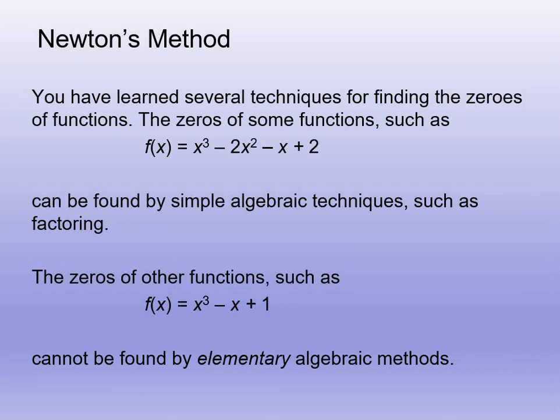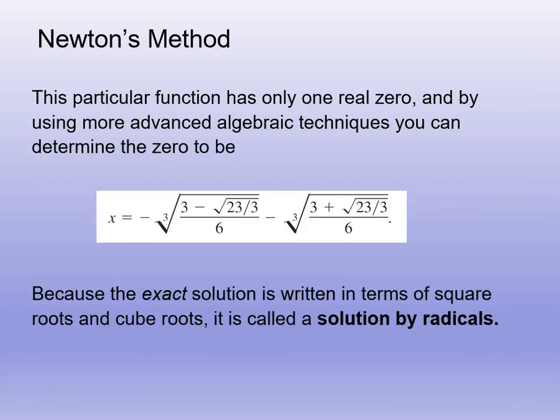Over the years, you've learned different ways of finding zeros. Sometimes we factor, or we easily set it equal to 0 and find the zeros. Other times you've used the quadratic formula, using the leading coefficients of the polynomials to find the zeros. We can't use elementary algebra to solve everything. Sometimes we have to use Newton's iterations.